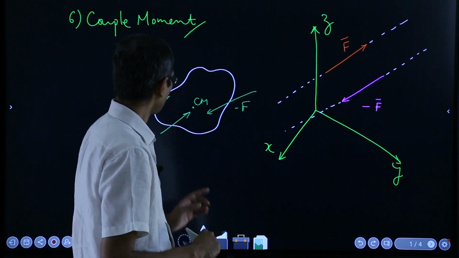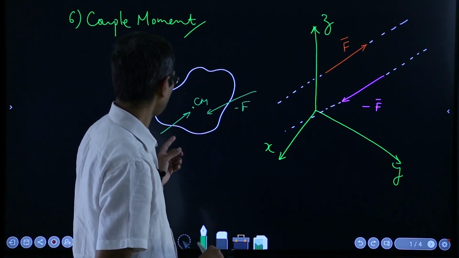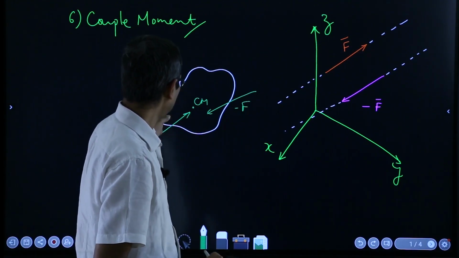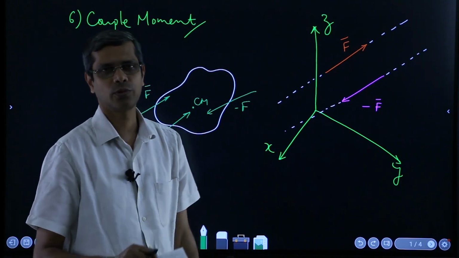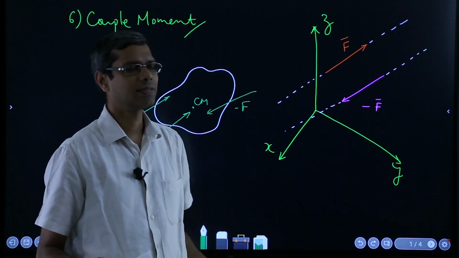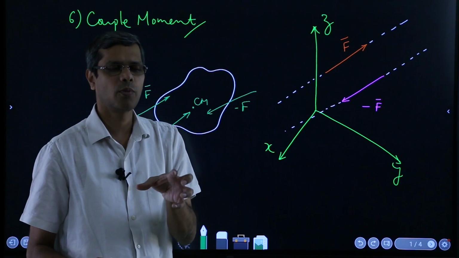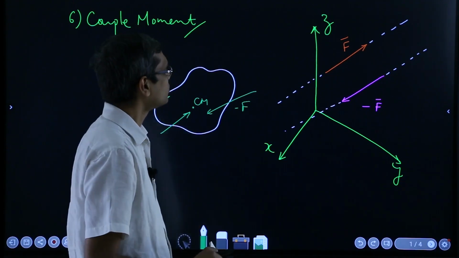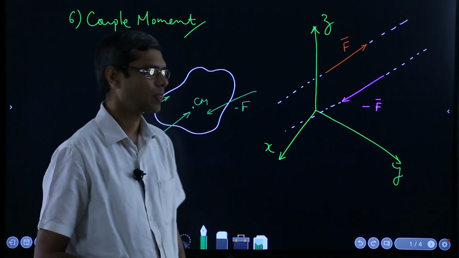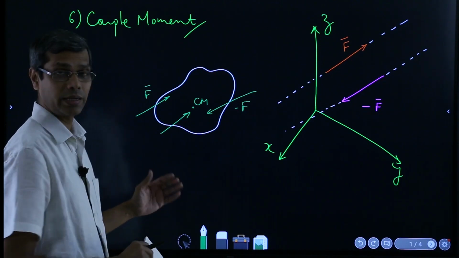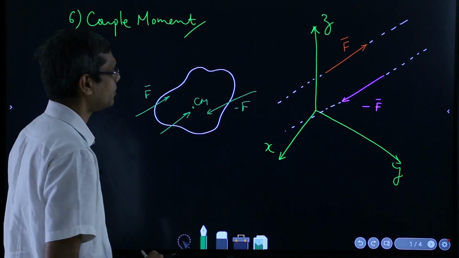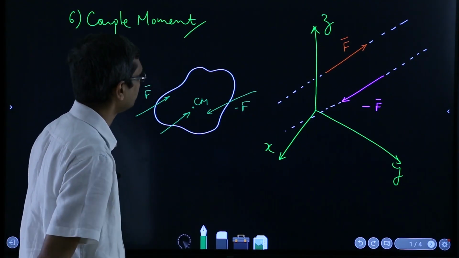But when you have these equal and opposite forces acting on it, they will cancel each other and a pure form of rotation exists. That is why they are important. And there are some more interesting properties which we will discuss soon.